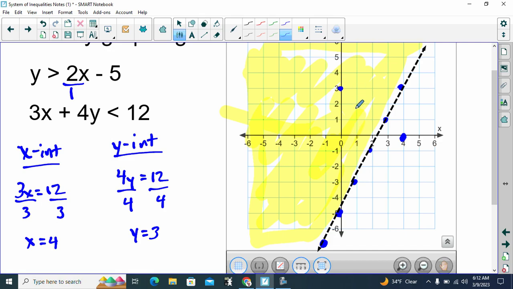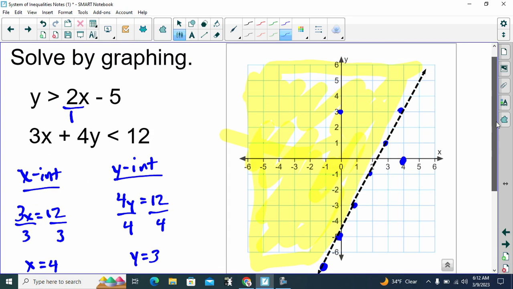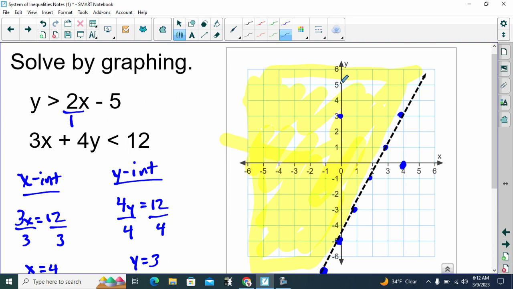It'd be good to get another point or two. We can count the slope. It goes down 3 over 4. Down 3 over 4 is off my page, but on this same line I could go up 3, left 4. And that's going to give me another point there. It is a dashed line.